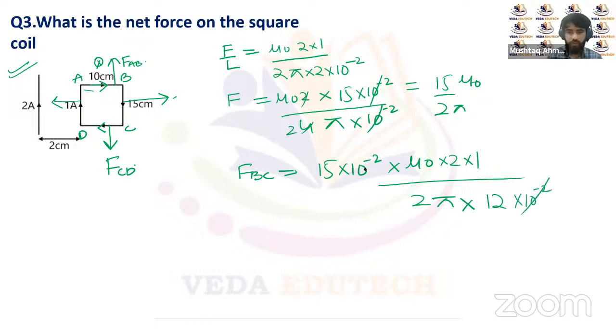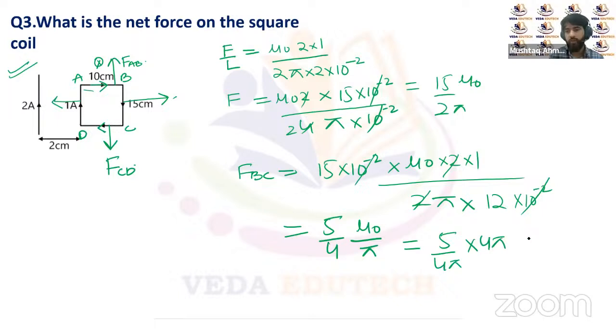From here, this and this will get cancelled, 2 and 2 will get cancelled. So it will be 5 upon 4 into mu naught upon pi, right? So from here it will be equal to 5 upon 4 pi into 4 pi multiplied by 10 to the power minus 7. This and this will get cancelled, and we'll be left with 5 into 10 to the power minus 7 newtons.